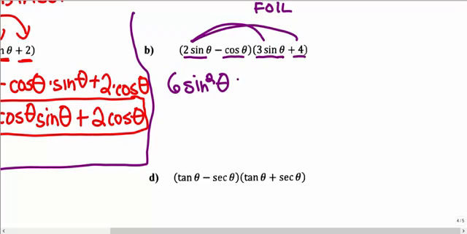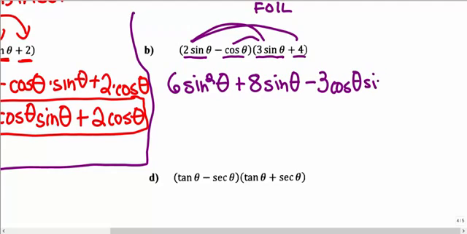Outer times the outer will give us plus 8 sine theta. Inner times the inner will be minus 3 cosine theta times sine theta. And last times the last, negative times the positive, we get negative 4 times cosine theta.